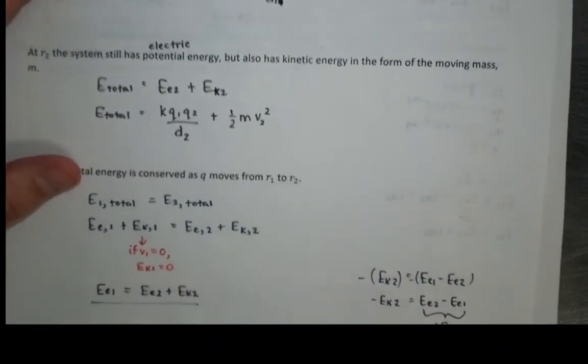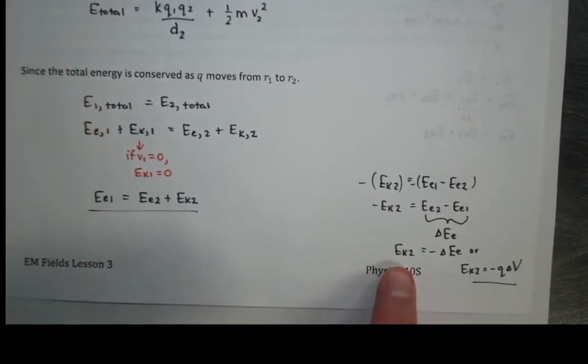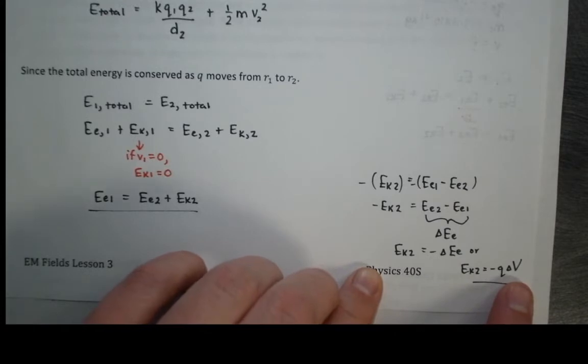So this right here. If we are looking for our speed, which is v, which is part of EK, as long as we know delta E, which we can very easily find, we have Q, we have V, we can save ourselves a little bit of time.